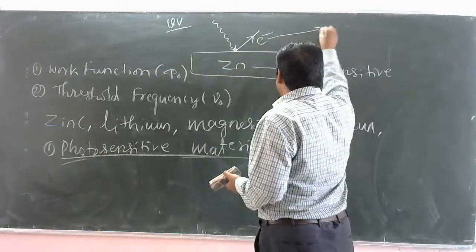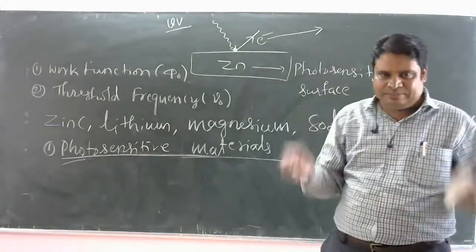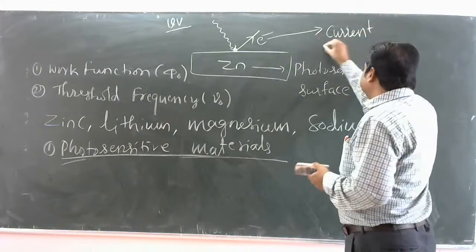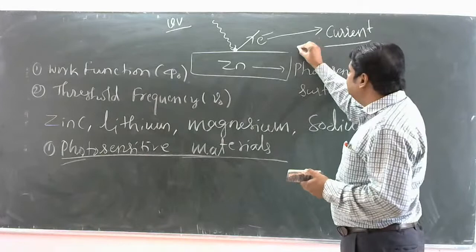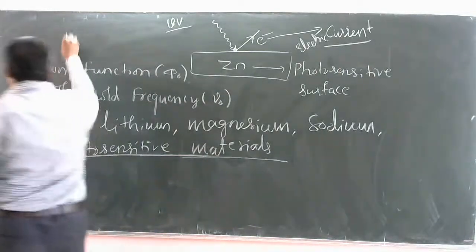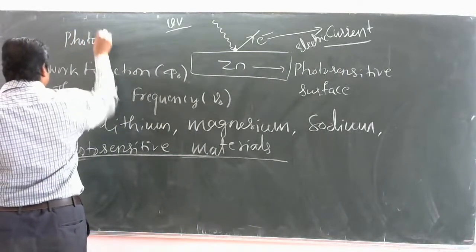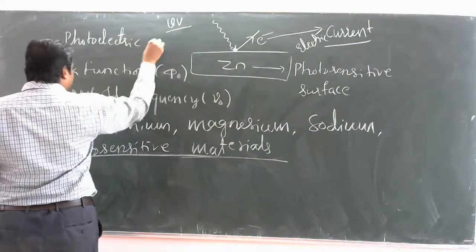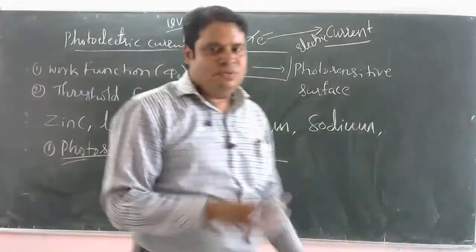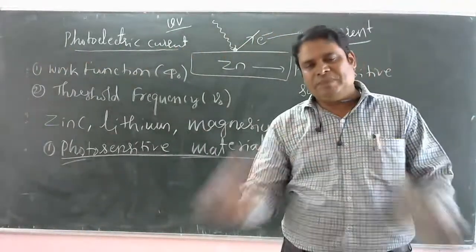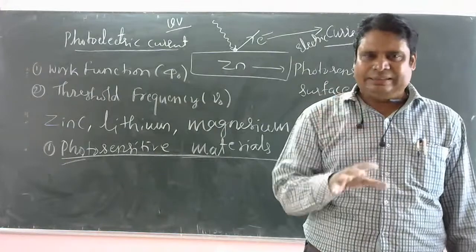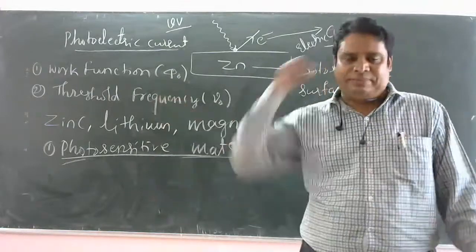If these photoelectrons flow through a certain arrangement, we produce an electric current, called photoelectric current. Photosensitive material, photosensitive surface, photoelectron, photoelectric current: the terms we must be familiar with in this concept.